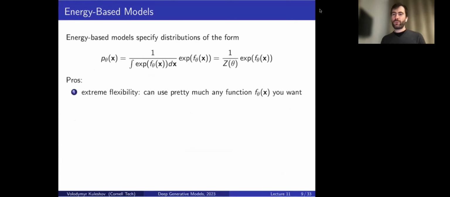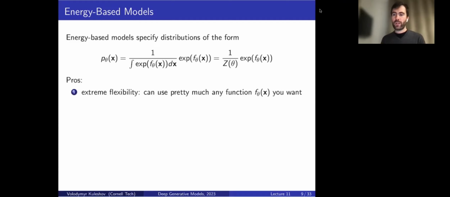Now, why would we want to work with generative models of this form? The main reason is that it gives us very high modeling flexibility. If you remember, in most of the previous lectures, we spent a lot of effort trying to carefully derive a certain probabilistic model for which the representation would be tractable. In an autoregressive model, we had to think a lot about how we define the conditionals.